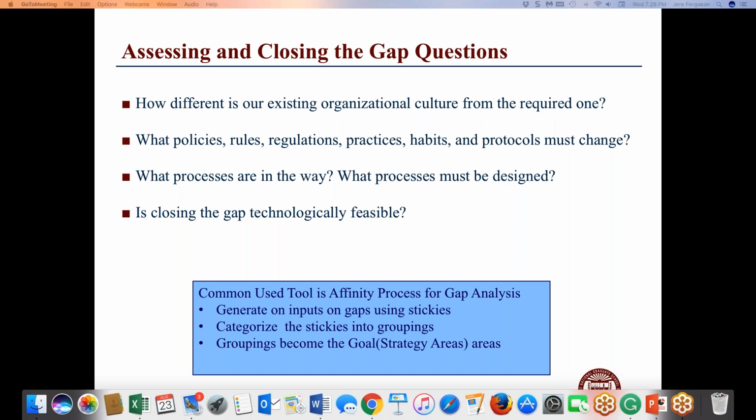Can we close that gap technically in a realistic manner? If not, it's the job of the management team to raise that issue with leadership and hopefully not lose their job over it. Is closing the gap financially viable?